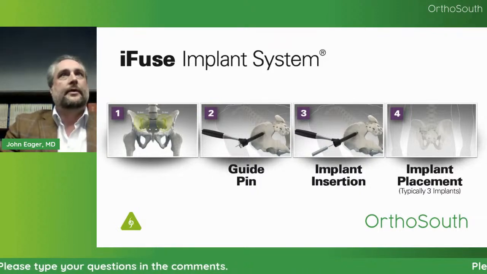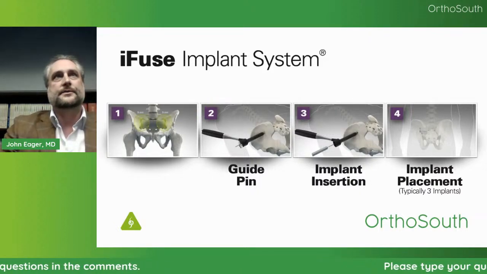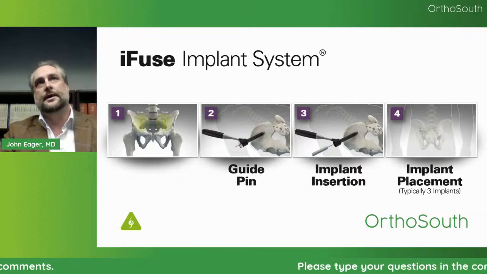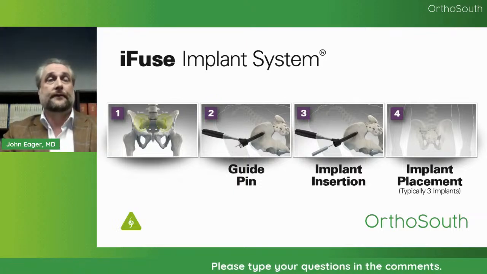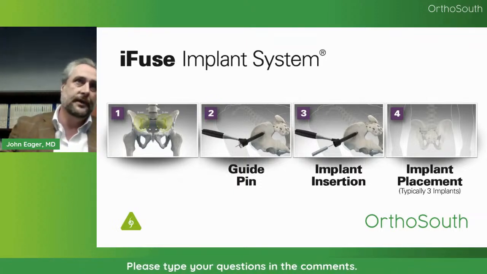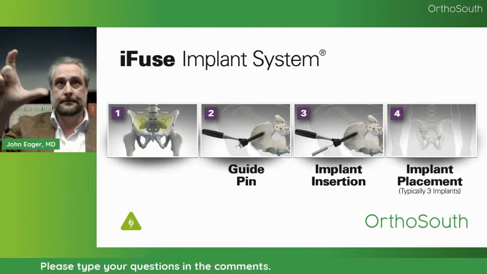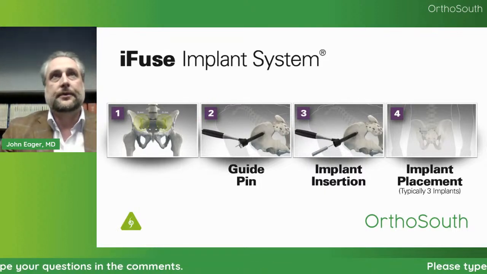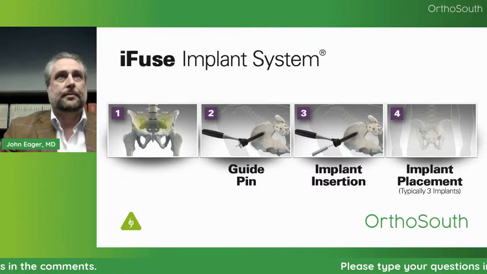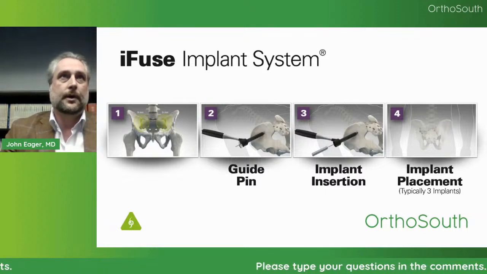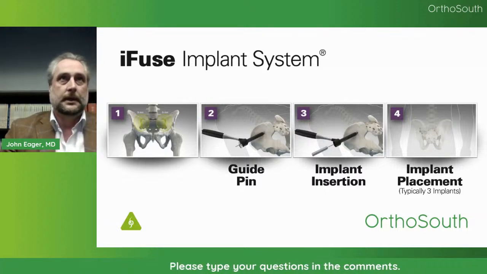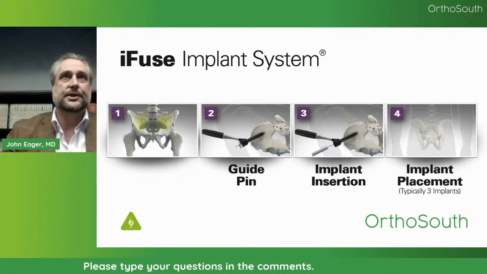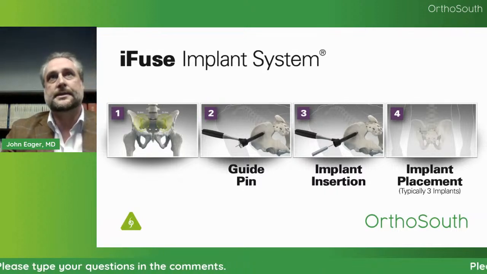And here we have a little cartoon depiction of the placement of these. This is done under X-ray guidance through a very small incision over the lateral buttock in line with the sacral anatomy. We place a guide pin in here, positioning it in the AP and lateral projections to make sure that we're in the appropriate place.